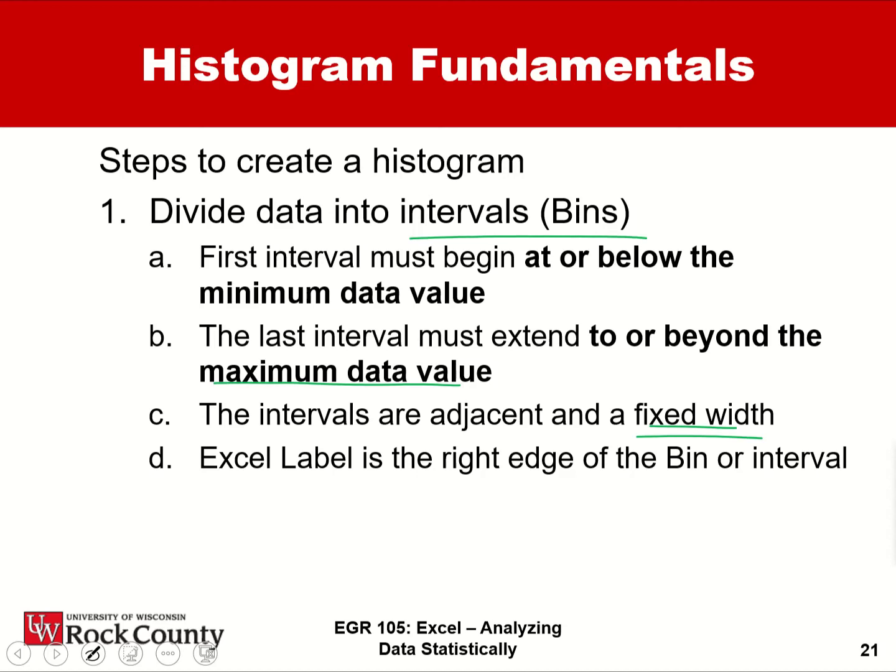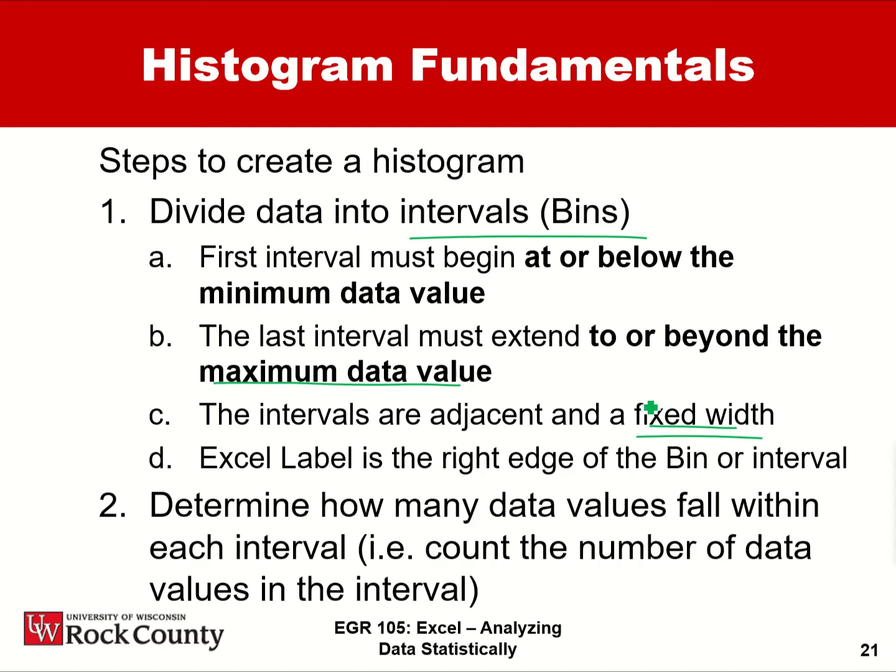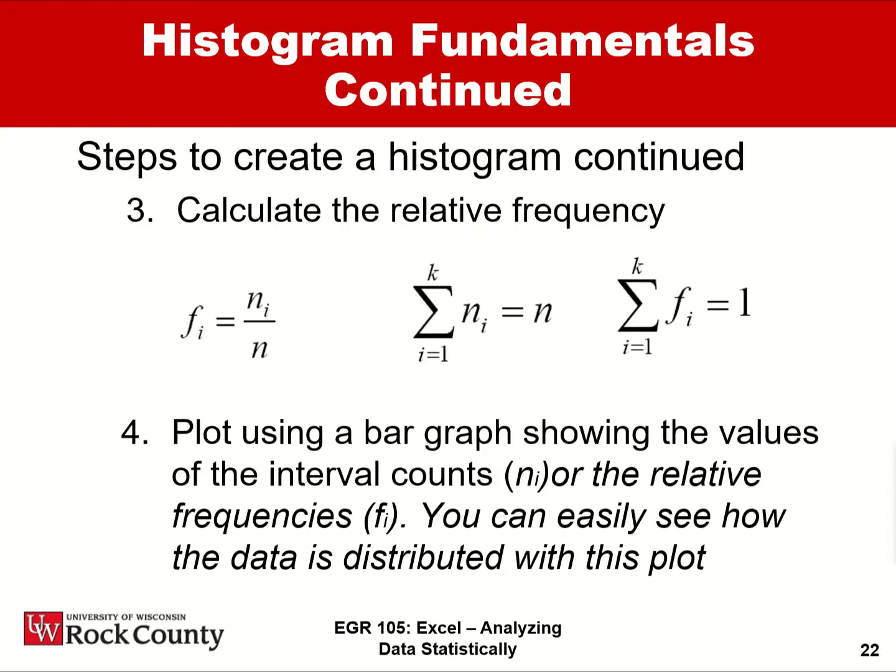Okay, so let's take a look at that. And what else do we do? Then we determine how many data values fall within each interval, and it will calculate that for us, right? And it uses something like this. It goes in and calculates how many are in this range and how many are in this range, and sums up the frequency. If we sum up all of them, it'll end up being 100%, right?